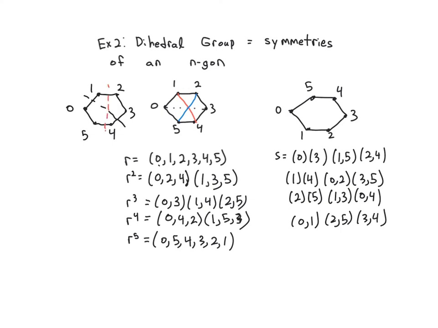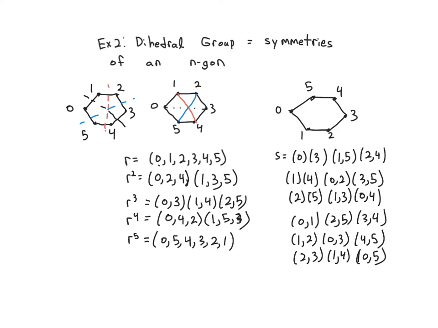A vertical diagonal that swaps 1 and 2, 0 and 3, 4 and 5, and finally this last diagonal which swaps 2 and 3, 1 and 4, and 0 and 5.